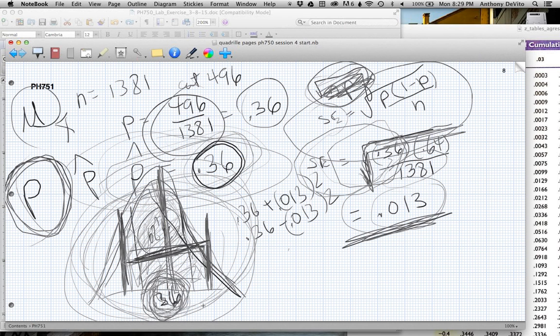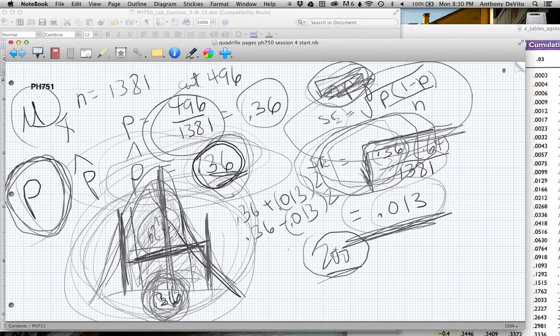So next week, when we take a closer look at this, we're actually going to be starting from the proportion or the mean that we got, say it was 200, right? We're going to be starting from that mean or from that proportion, and we're going to be using the standard deviation as a tool to tell us how likely it is that we're close to the mean, okay?